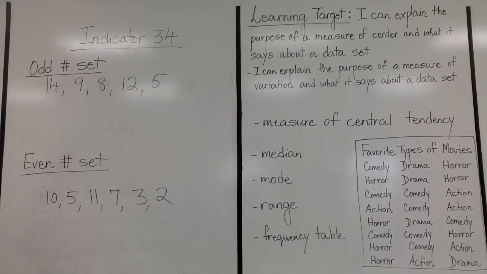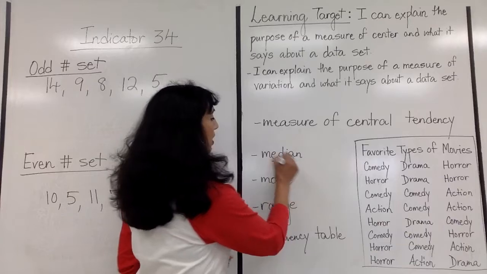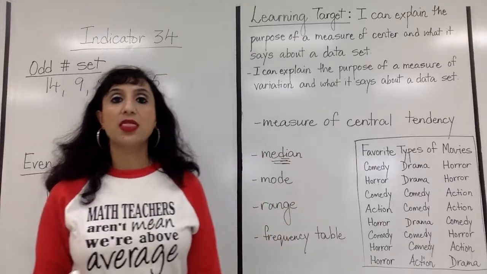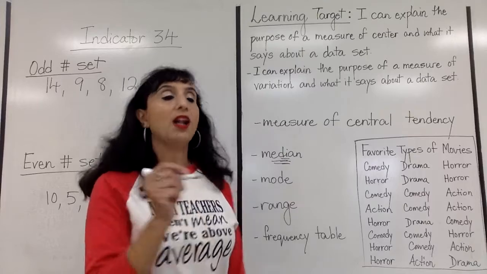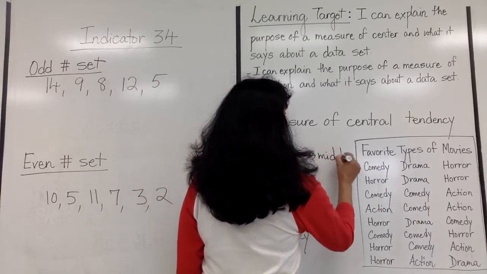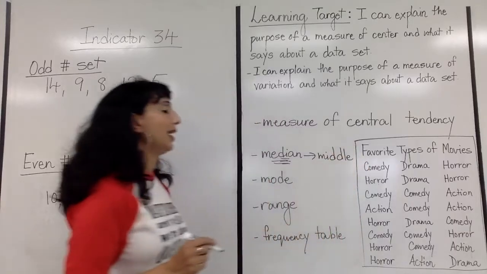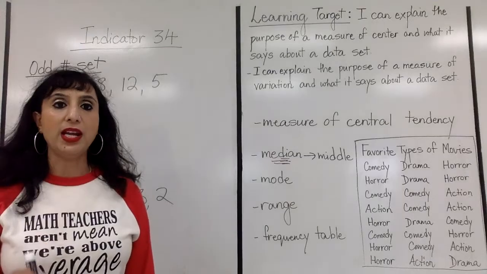Median is nothing but the middle value. This just tells you that it is the middle value. This is the middle. And there are certain steps involved in finding the median.